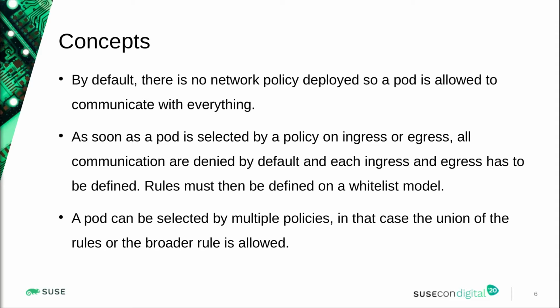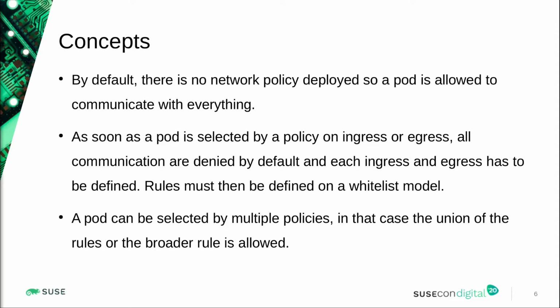Another important thing to know is that a pod can be selected by multiple policies. This is usually the case when you have a default network policy applied in a namespace, and then on this default you add a new policy which is allowing specific traffic.